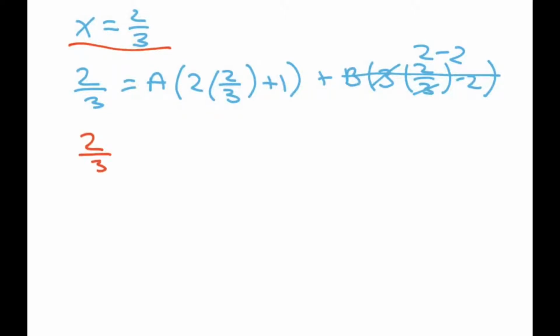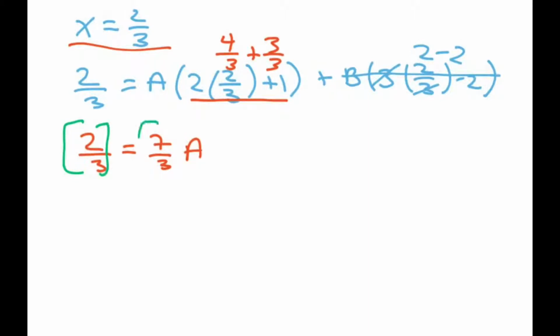We get 2/3 equals, if you add all this up, that's 4/3, and the 1 we can write as 3/3. So that's going to be 7/3 A. And let's see if I don't make my same mistake as last time. Multiply both sides by 3/7.